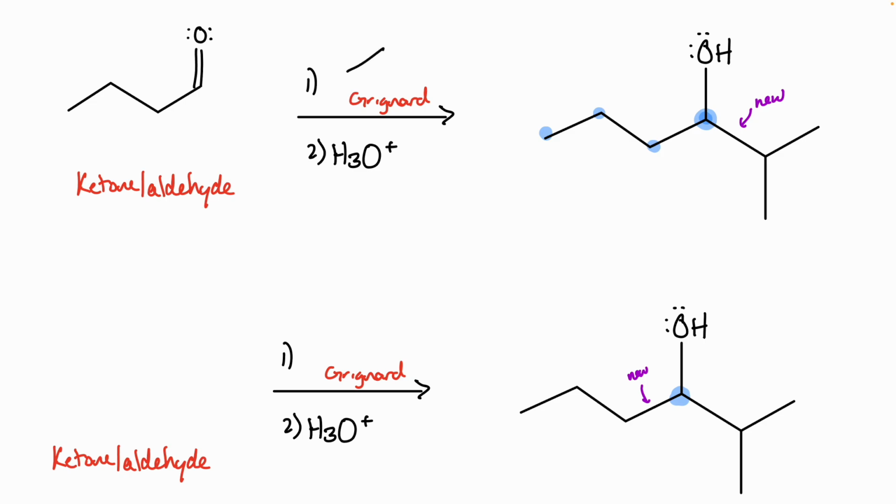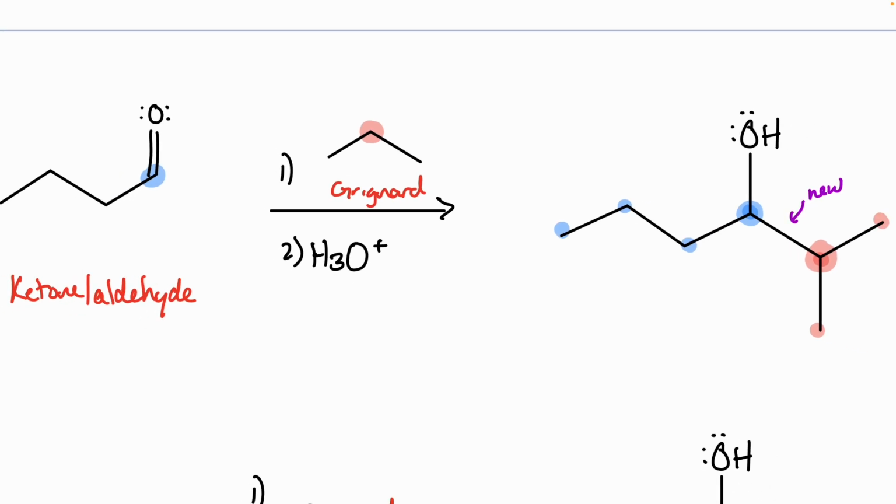And the other must be from my Grignard, 1, 2, 3, and importantly that magnesium would be bound to that middle carbon, since that's the one attached to my carbonyl carbon.